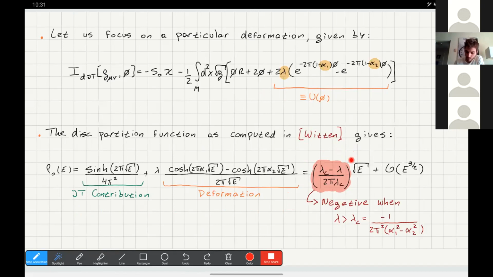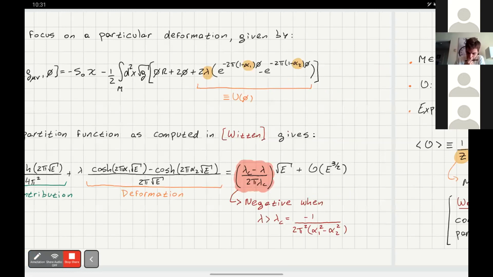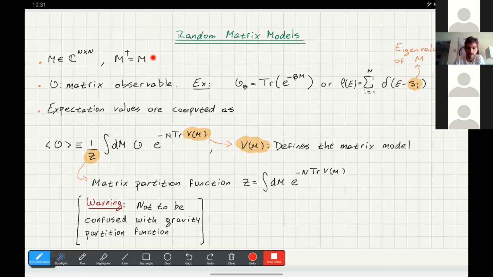And you see that when lambda is larger than this lambda critical over here, this first contribution becomes negative, therefore the spectral density becomes negative, and we are doomed in some sense. So the question is, let's consider this particular theory and see how we can solve or understand this issue from the matrix model perspective.